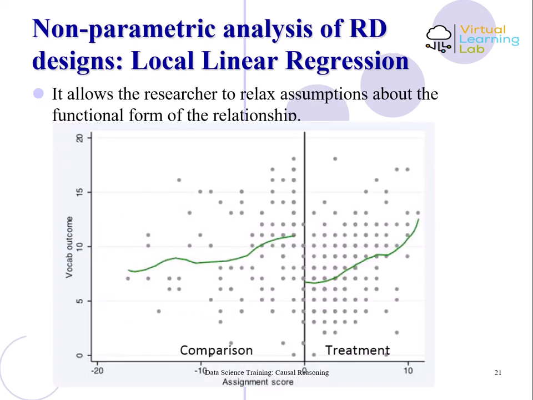It's also possible to use local linear regression to estimate the local average treatment effect. So local linear regression works by dividing the data into sections based on thresholds and fitting regression equations to that section of data.